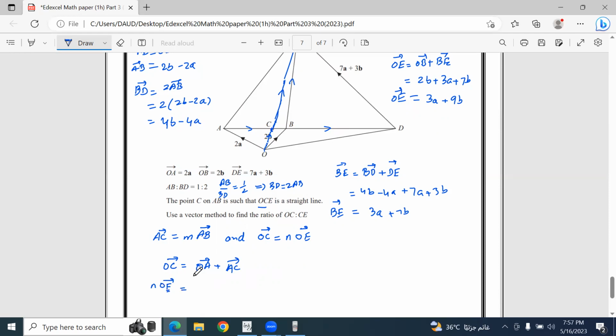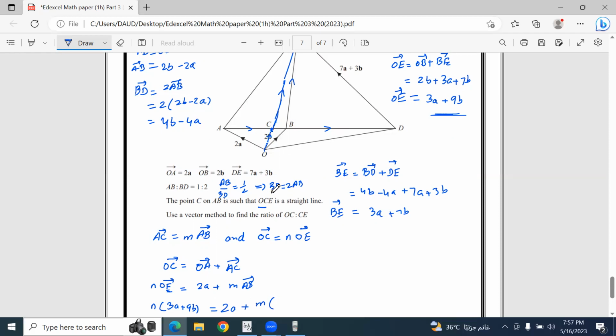OA, we know that OA is equal to 2A. Whereas AC, I said it is M AB. Fine. Now I will replace the value of OE and AB. We know that OE is equal to 3A plus 9B is equal to 2A plus M AB.